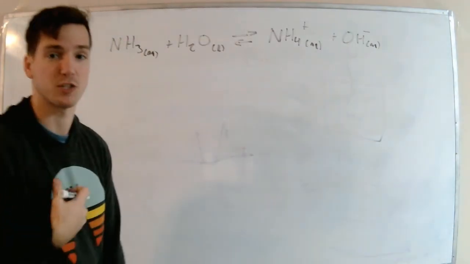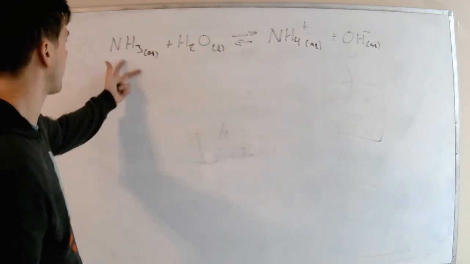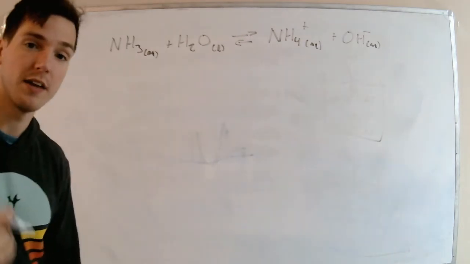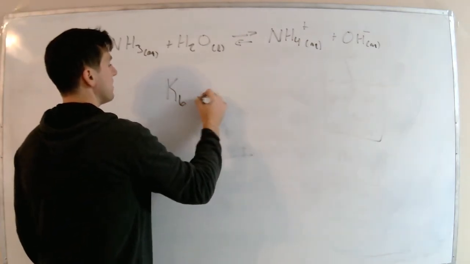Okay, and I want you to write the equilibrium expression for this. Well, this is a base, okay? This is a base because it accepts a proton. So we are not writing a Ka, we are writing a Kb for this one.